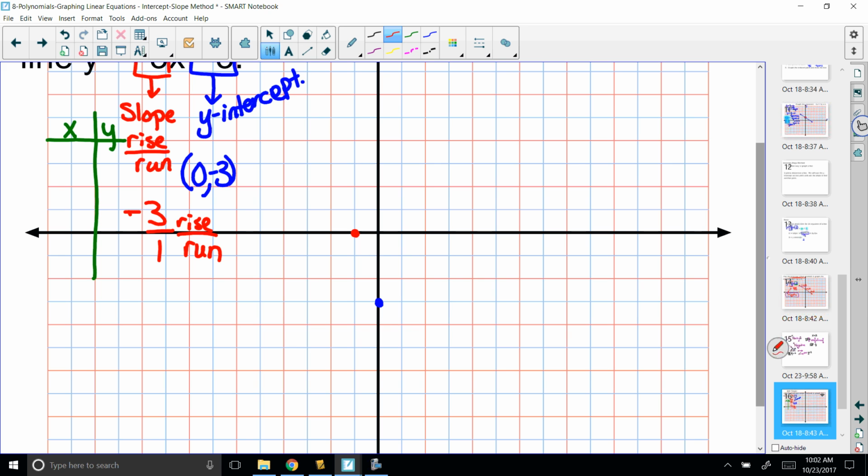Now, depending on your graph, I could go up another 3 and back 1 and get another point. Or you go down 3, but then where do you have to go? To the right 1 in order to get your negative slope. You go down another 3 and to the right 1.